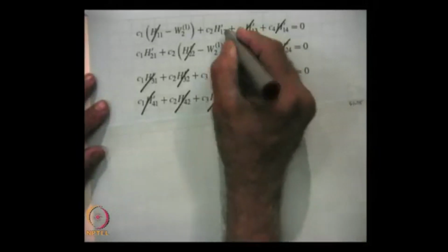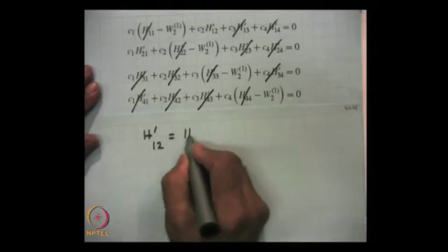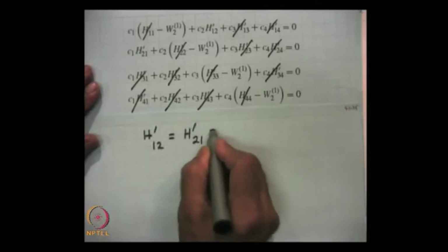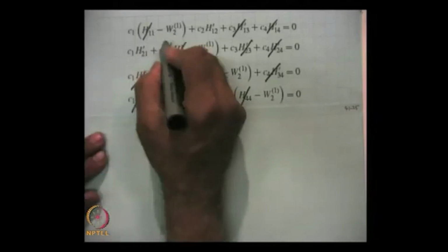But let me take the values of the different matrix elements. So, we will have H prime 1 2 equal to H prime 2 1 equal to minus G. Please see this. My objective is to calculate the perturbation.